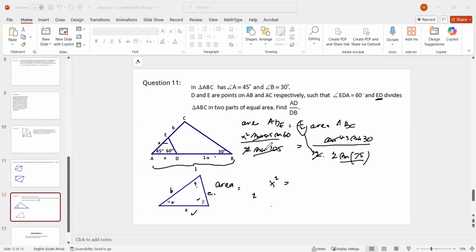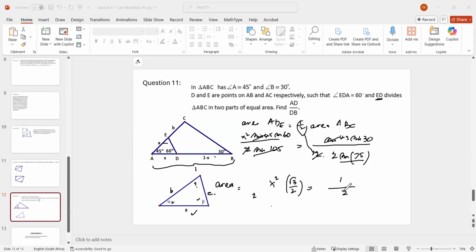And here you have x squared sine 60 on the left-hand side. X squared sine 60 is, and that's root 3 over 2. That's the only survivor here. And at the bottom here, you got a 2 at the bottom, which hasn't died. And sine of 30, which is a half.